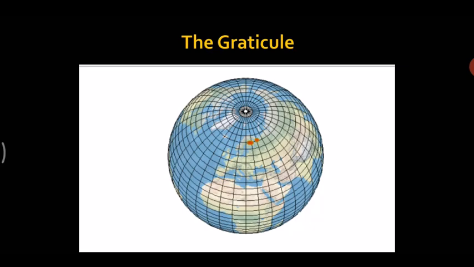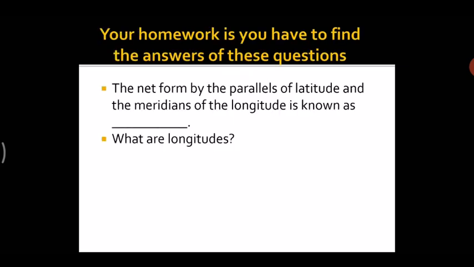Can you see there are two red dots? Each point forms one location. Whenever you want to locate something or somebody, we actually find the location of that person or thing on this grid. We'll move to the next slide.